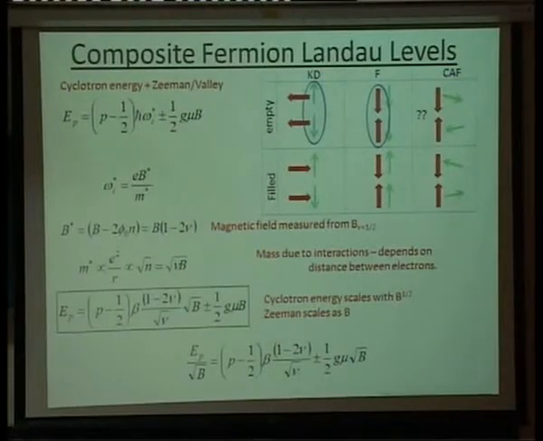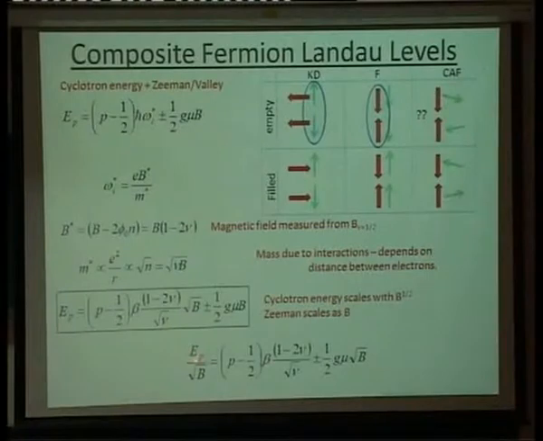Square root B. Yeah. So if you just plug these two in and you look at what the energy is for a composite fermion Landau state with integer p, it would have a square root B term and a B term. And of course there is a plus and minus because the Zeeman or the pseudo field would either go up in field or down in field. There's one that is gaining energy and one that is losing energy.